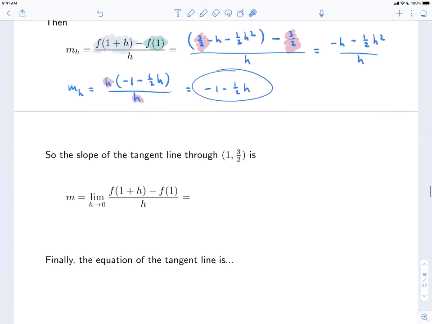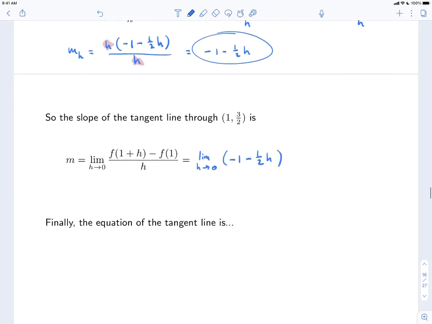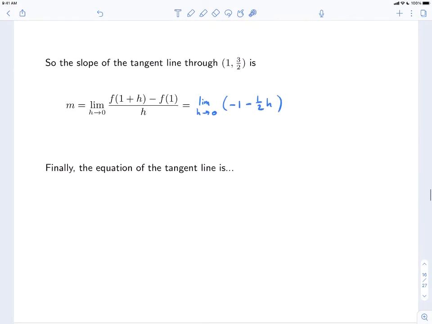So the slope of the tangent line is what we're calling m. It's the limit as h goes to 0 of the slope of this secant line, which is circled here. That just means h is really small. And we've just computed this: it's minus 1 minus 1/2 h. So the question is, what happens to this value as h gets really small, as h goes to 0?